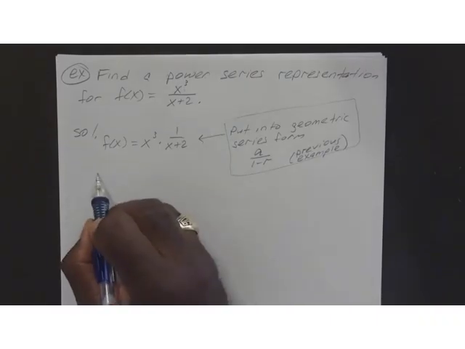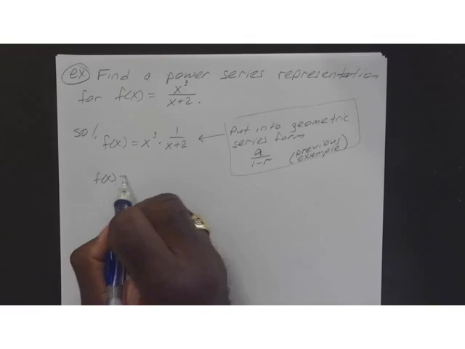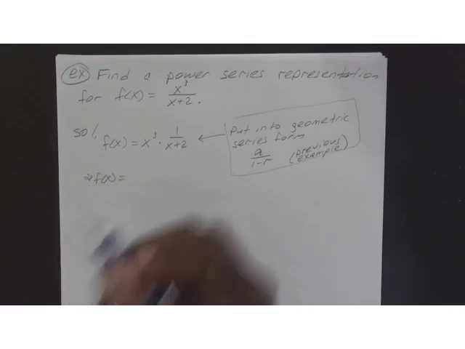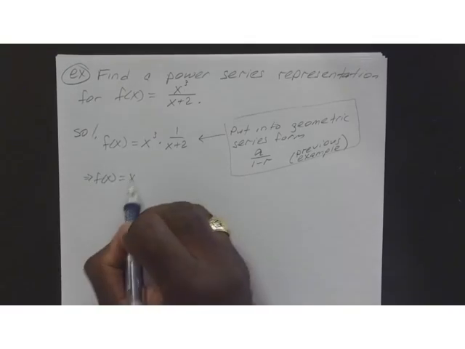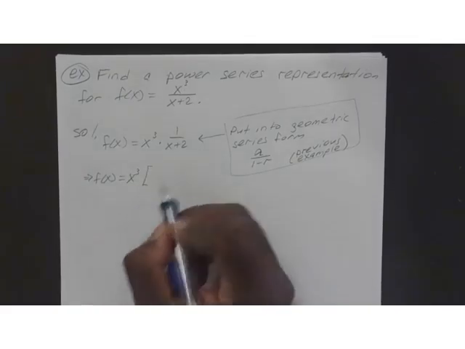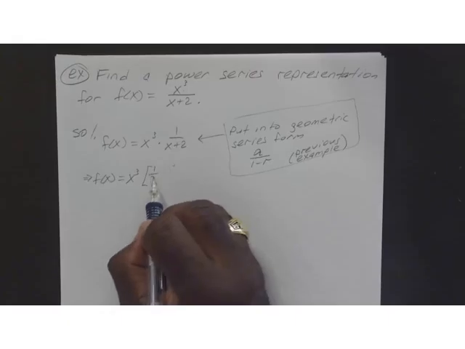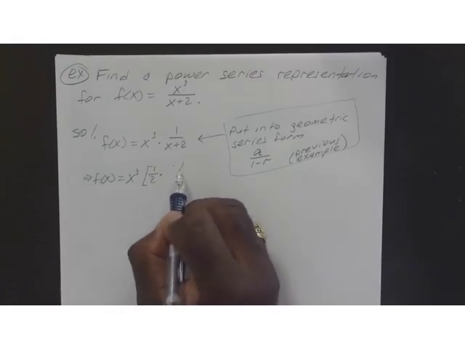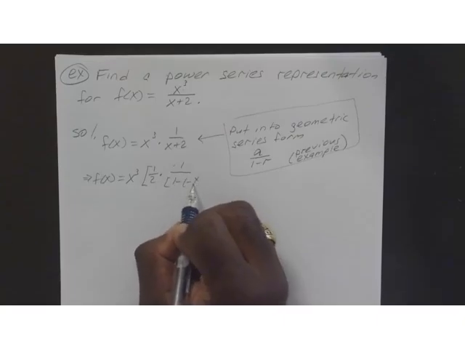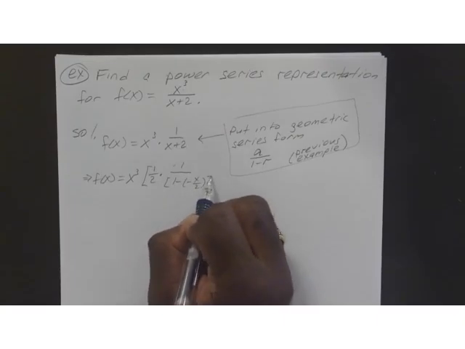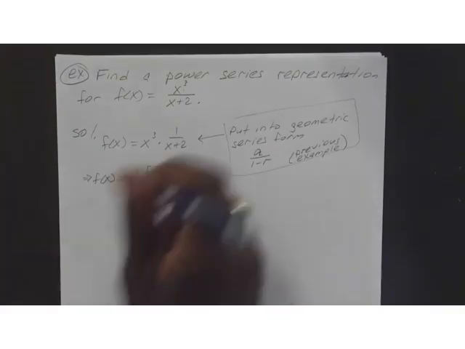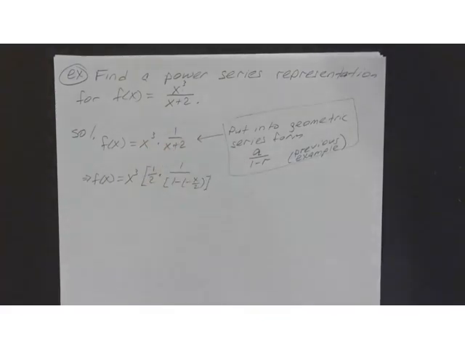We know that this is equal to, draw a little arrow there, x to the third power times 1/2 times 1 over 1 minus negative x over 2.